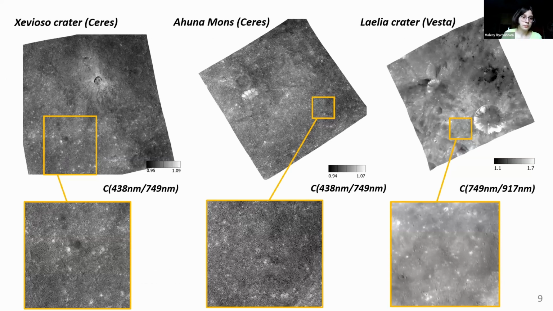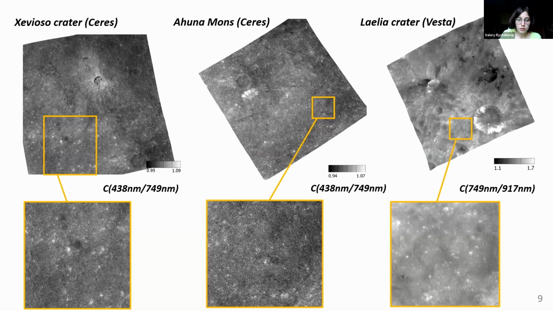But as we could see, for Ceres such a halo is connected with changes in slope of spectra, but for Vesta it's connected with variations in the pyroxene band.